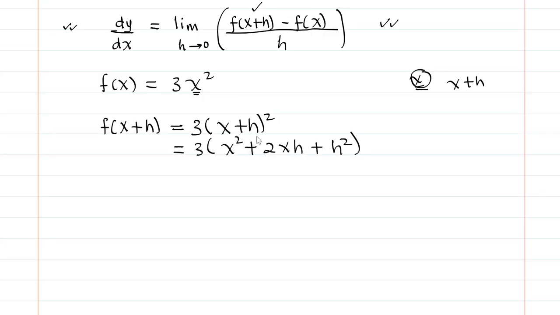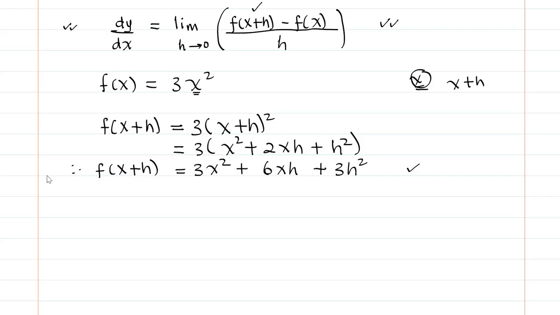And then we multiply all the terms by 3. That gives us 3x squared plus 6xh plus 3h squared. We are multiplying by 3 because there was a coefficient of x squared given as 3. So we are expanding everything, and therefore, this is the function f of x plus h.